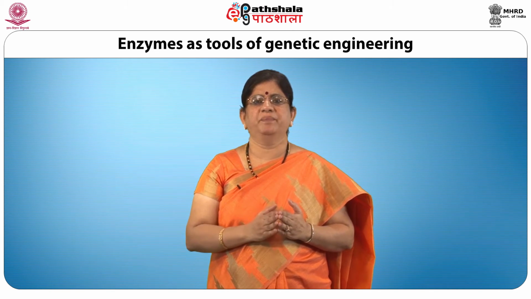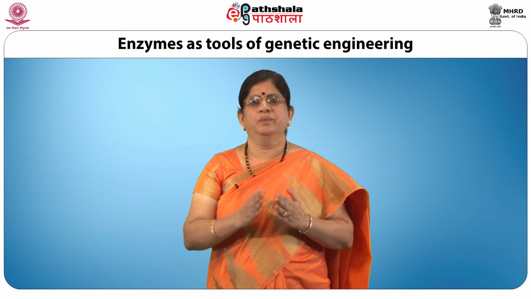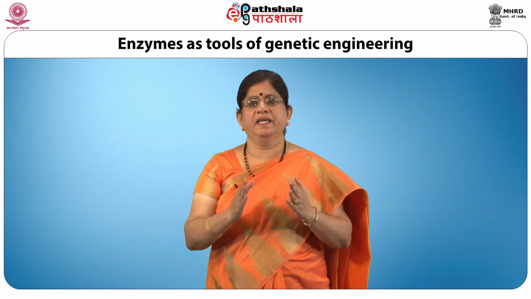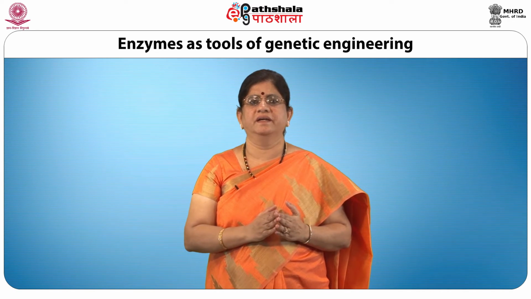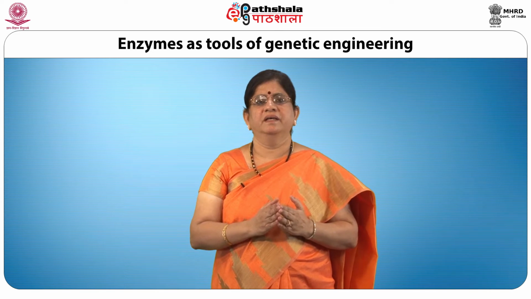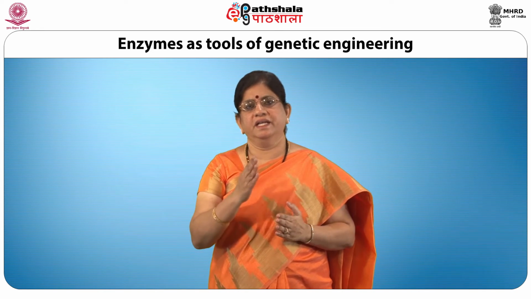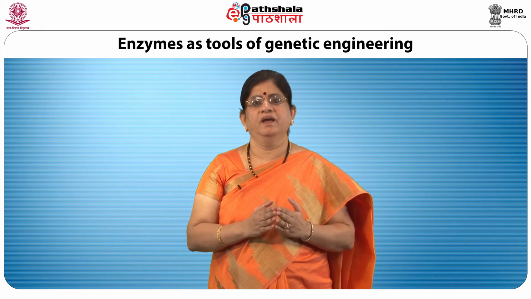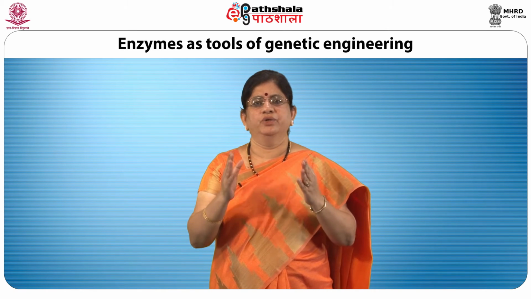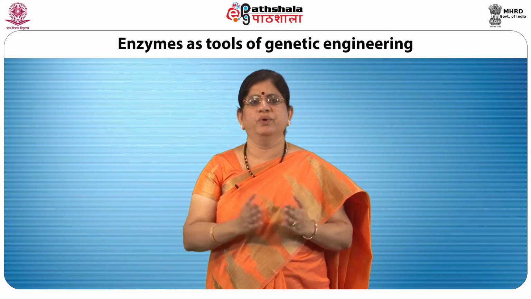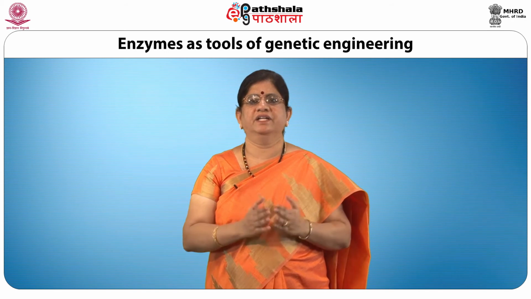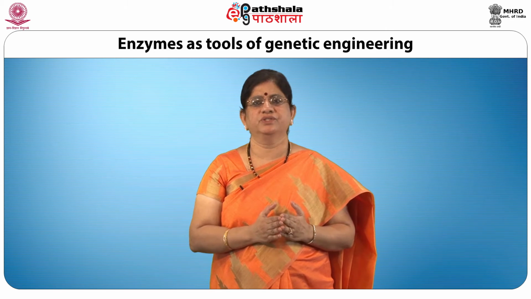The next example is HindIII, which recognizes A/AGCTT. Therefore, you get a cohesive or sticky end here. Again, in EcoRI, the recognition site is G/AATTC, where you get a cohesive or sticky end. I think now you have understood very clearly the action of type 2 restriction endonucleases.